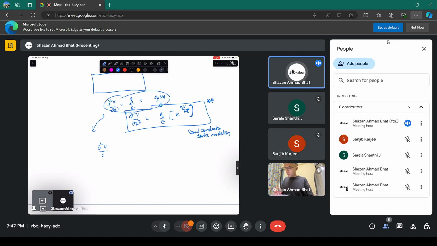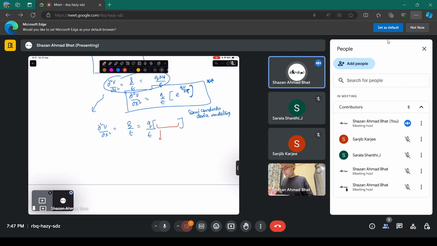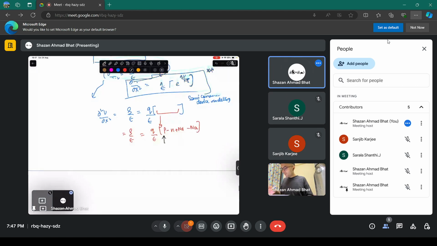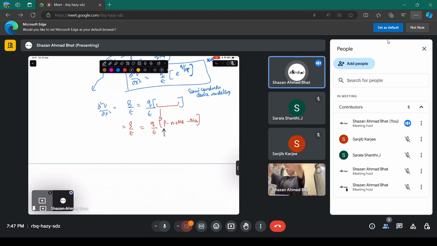Actually, d square v by dx square is rho divided by epsilon. You know that rho is actually q into all of the charges that are present. It includes p, n, ND, NA, all of the charges. That is the actual scenario, the actual picture. Then you have to consider p, the number of holes, the hole variation.